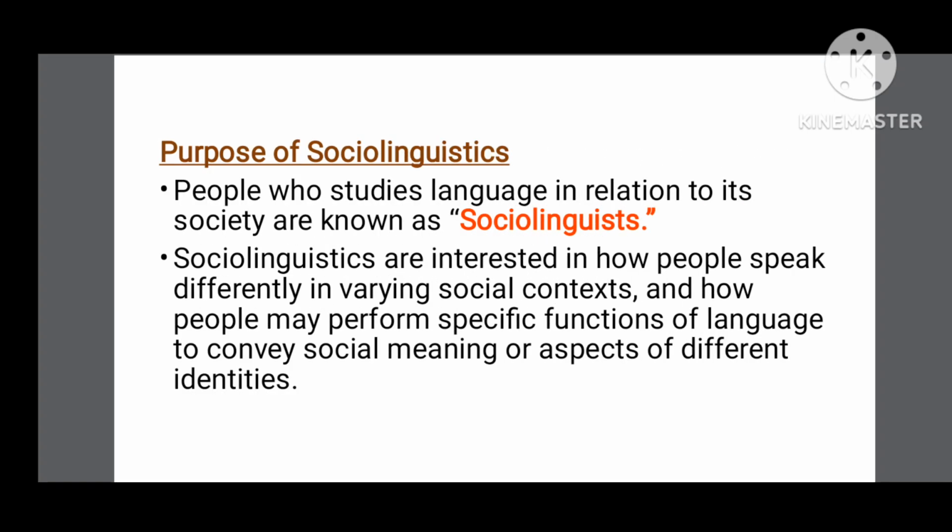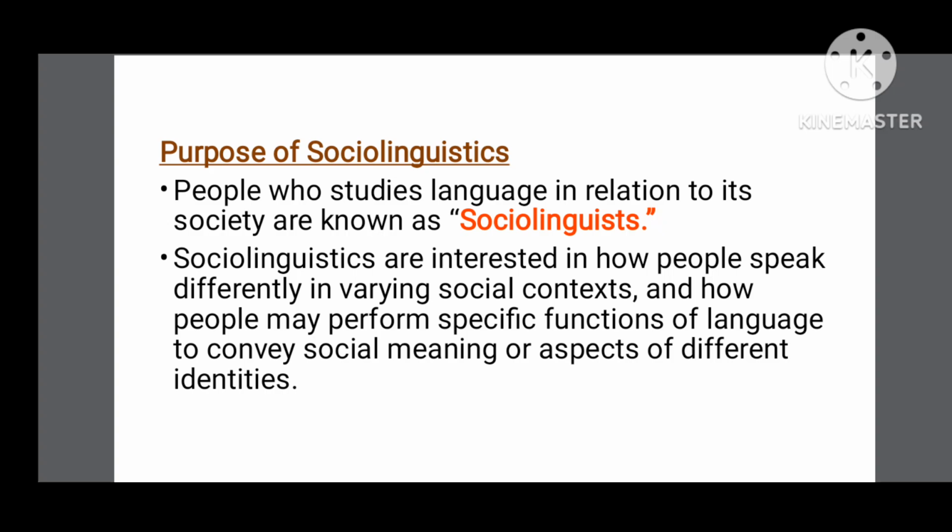What are the purposes of sociolinguistics? People who study language and its relation to society are known as sociolinguists. Sociolinguists are interested in how people speak differently in varying social contexts, because people use different language according to their social context and intended meaning, and how people may perform specific functions of language to convey social meaning or aspects of different identities.